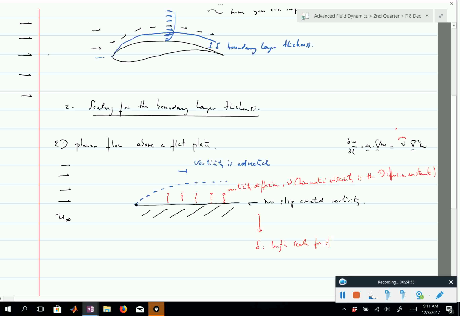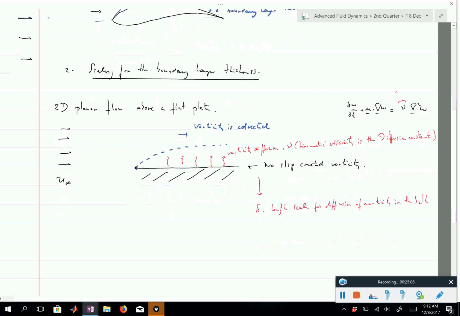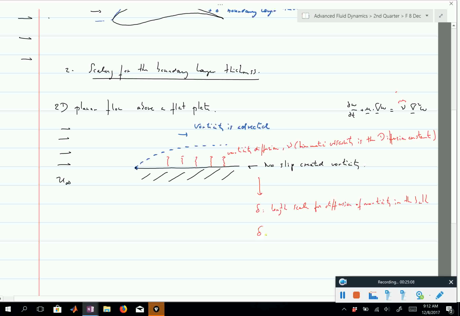For diffusion of vorticity in the bulk, delta scales with the square root of the diffusion constant times time. And that's the typical scaling for a diffusive length.